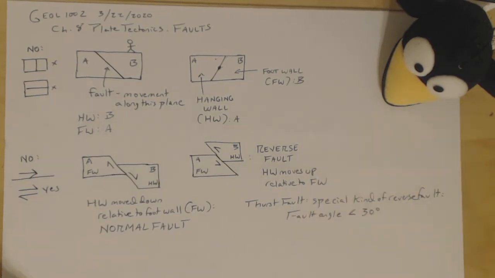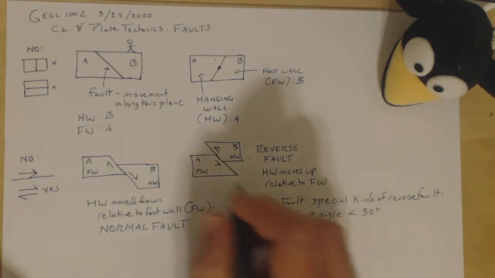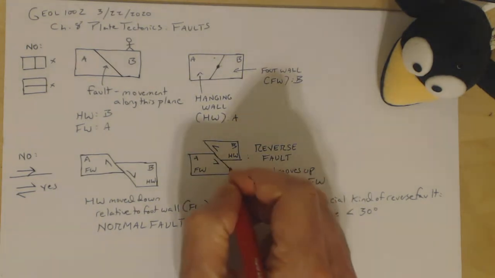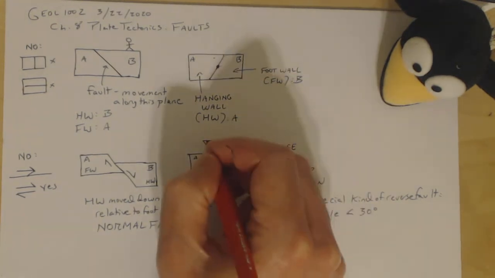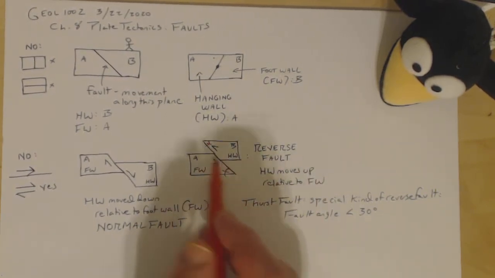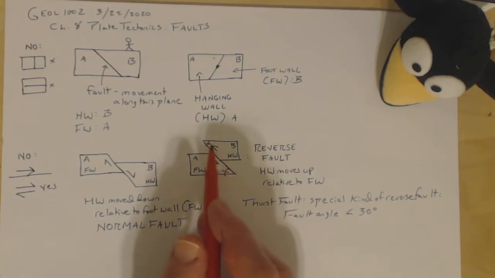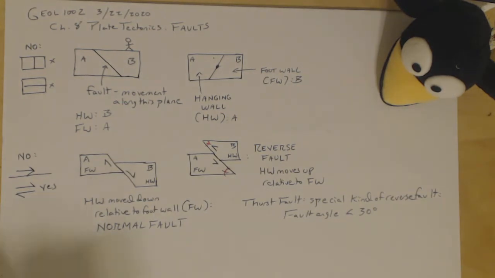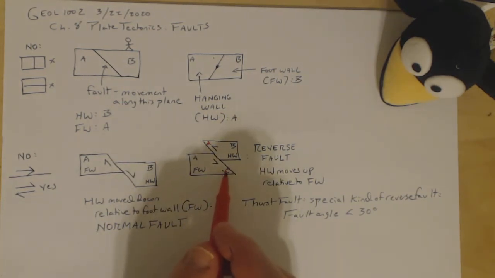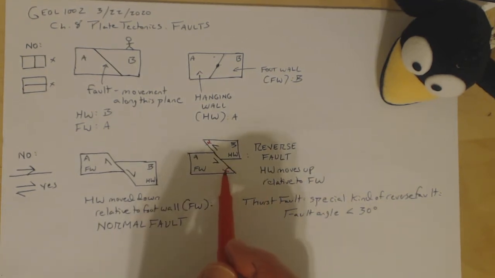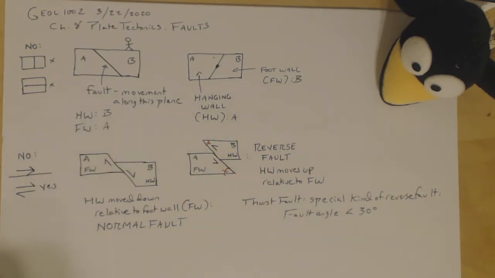It's sometimes called a shallow angle reverse fault. And it looks something like this. The fault angle, by the way, is this angle here. This would be the fault angle, and this would be the fault angle. These two angles are the same angle due to way back when you took high school geometry. These two angles are the same sort of side angle side type idea. And so what we're measuring is this angle. If it's less than 30 degrees, that's a thrust fault. If it's 30 degrees or basically more than 30 degrees, we call it a reverse fault.